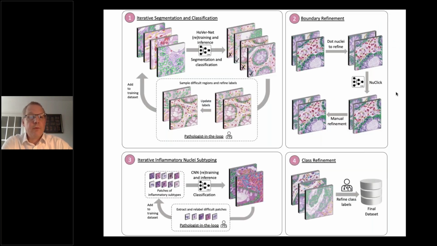And this is developed through iterative rounds of segmentation, classification, and correction of errors, which requires the input of pathologists at various points to identify errors and correct them on the patches which are being examined. But in doing so, you can improve the way the network delivers the boundary definitions to the objects that have been described.